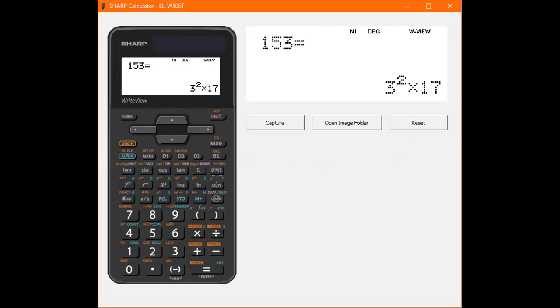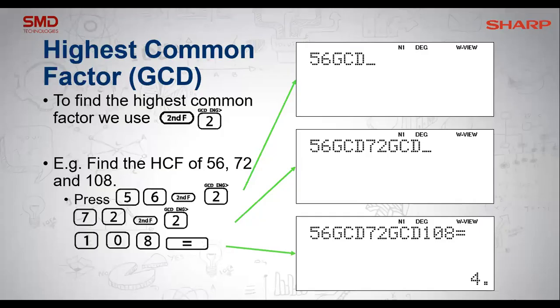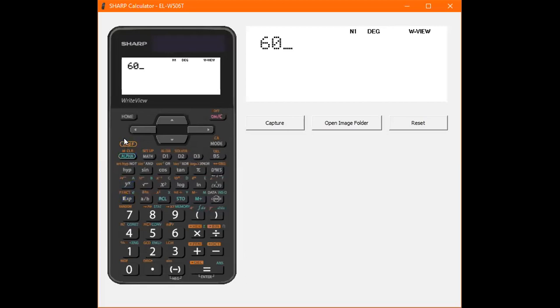You've also got the highest common factor and lowest common multiple. Here you can type in any pair or set of numbers, so anywhere from 2 to however many numbers you need. Press second function and 2, and that will give you GCD, which stands for greatest common divisor, which is the same as highest common factor.